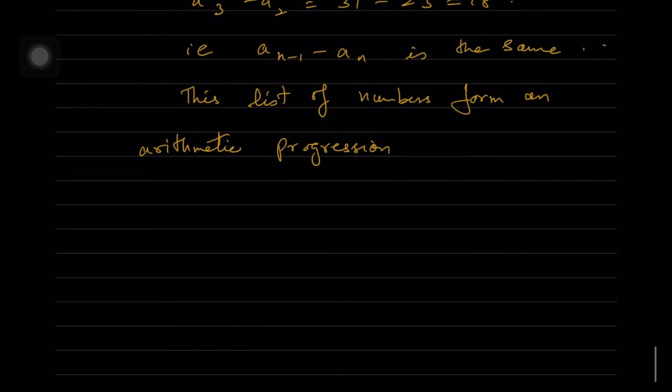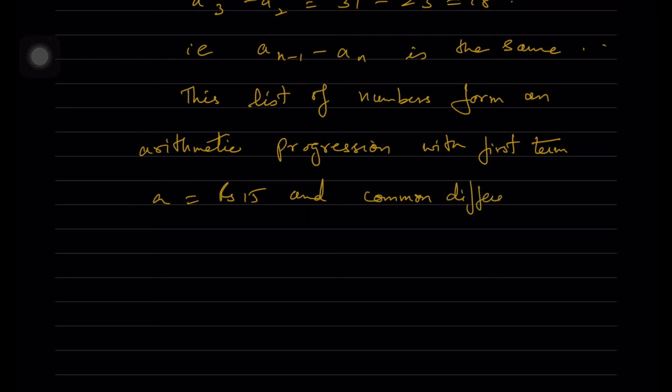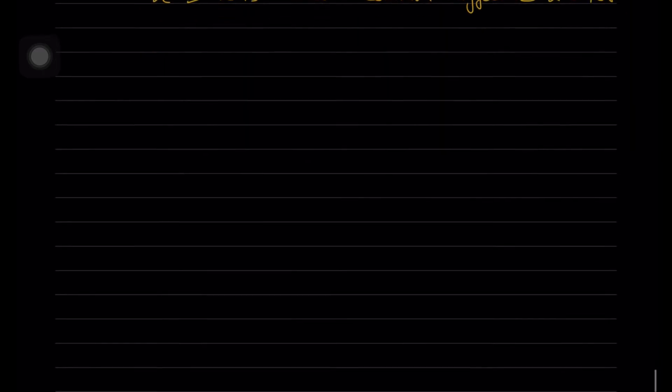Since they are following a particular sequence and you are having a common difference of 8, you are adding 8 to them for getting the next term. So therefore, it is an arithmetic progression with first term A equal to rupees 15 and common difference D equal to rupees 8.